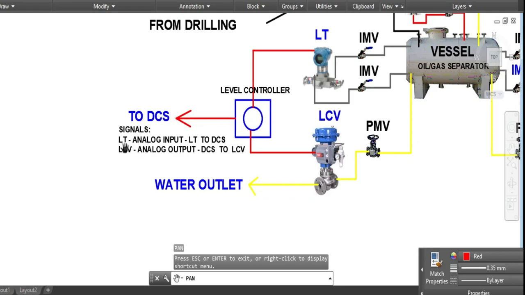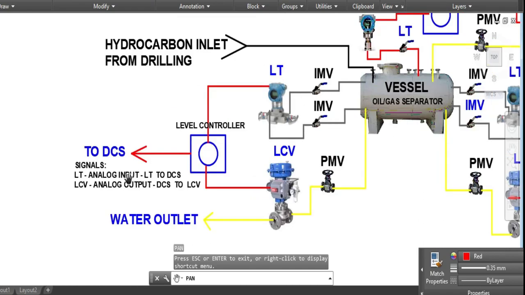Transmitter signals are analog input signals, from the transmitter to the DCS. LCV is analog output, the signal from the DCS to the LCV, because the level of this vessel is taken by the level transmitter and then sent to the DCS. So the DCS is always monitoring the level of this vessel.